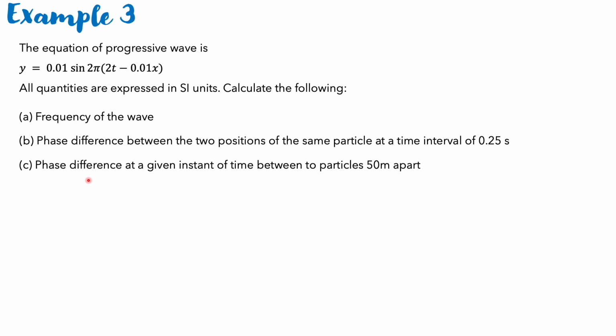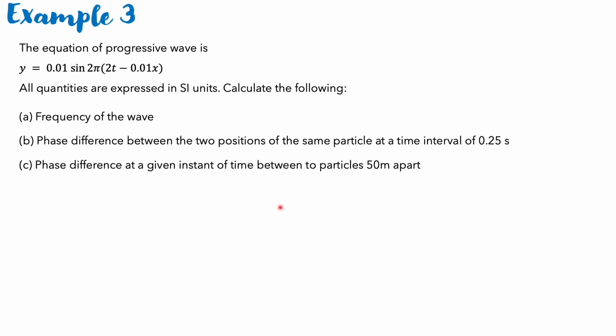And lastly, the phase difference at a given instant of time between two particles 50 meters apart. There is a wave, and there will be many particles oscillating up and down along the wave. So we have to find out the phase difference at a particular instant of time, for example, maybe 1 second or 1.25 seconds.